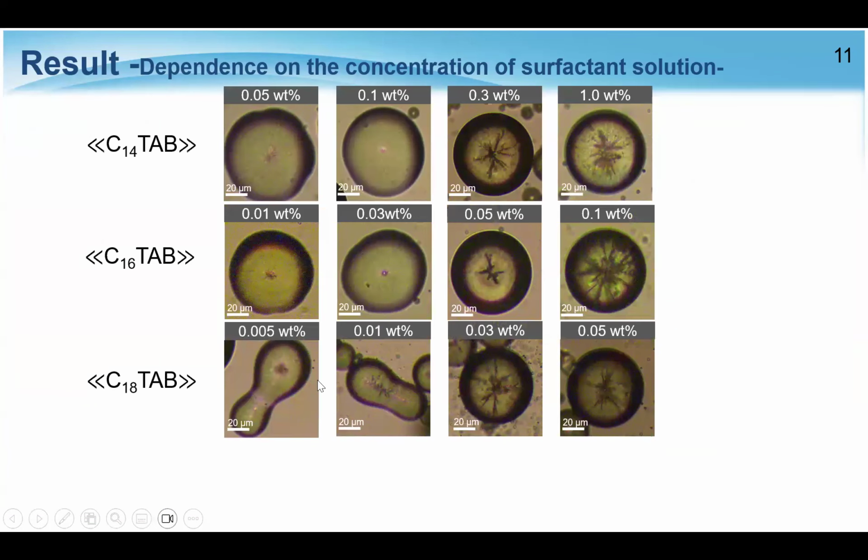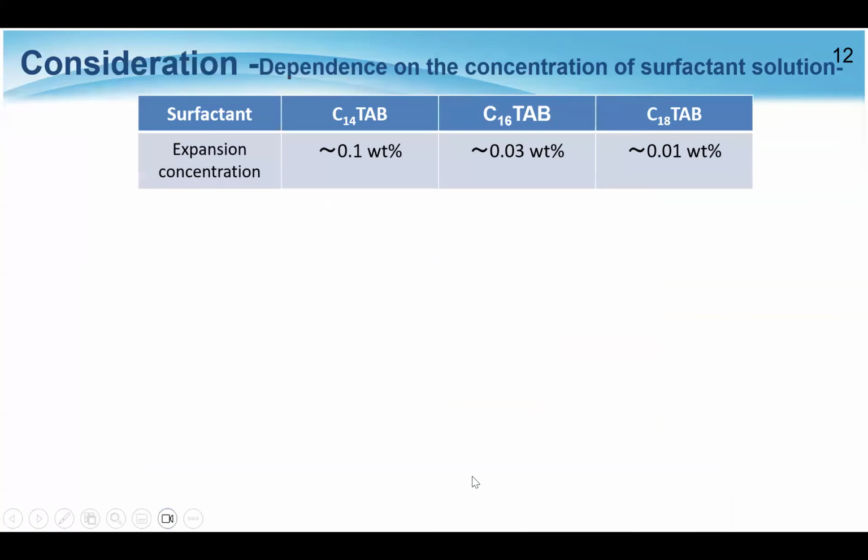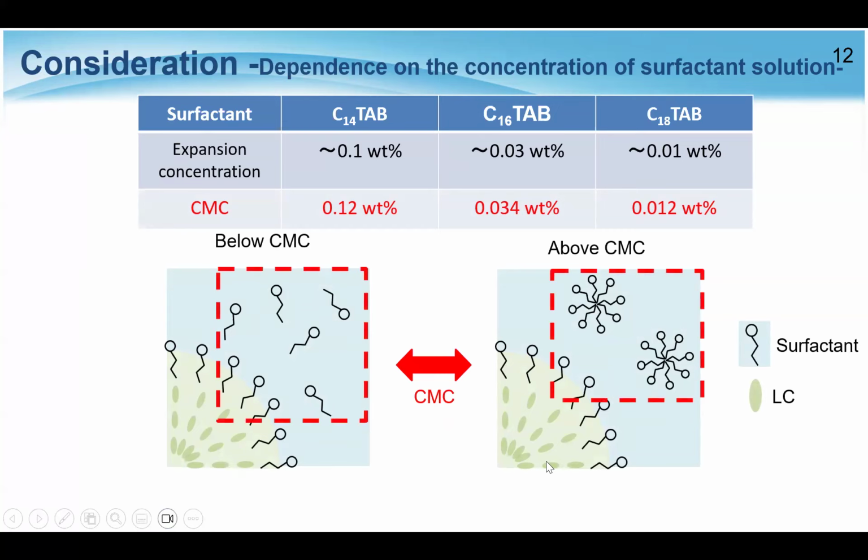So what happened here is that there's some concentration threshold where we observe the expansion and solute uptake. This is the corresponding concentration for what we observed, where the phenomenon has been modified. This concentration is actually very close to the CMC. So below the CMC and above the CMC makes the difference.